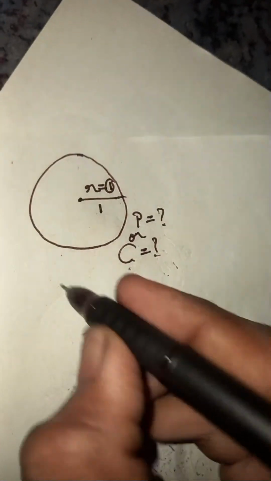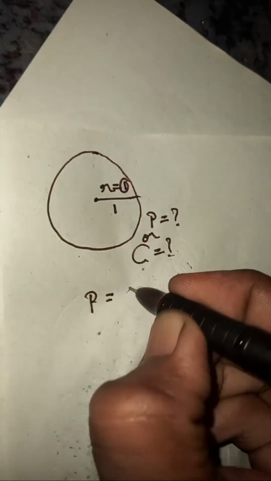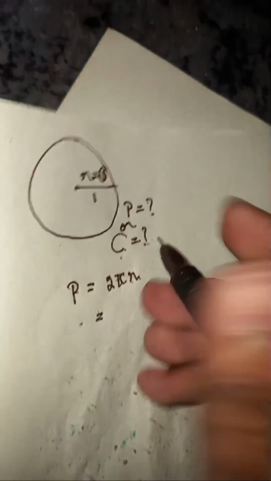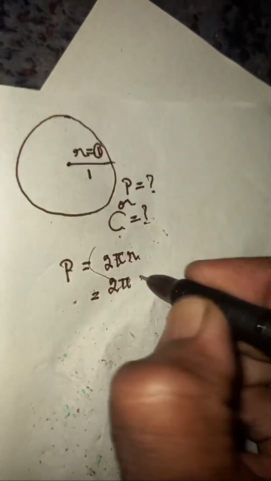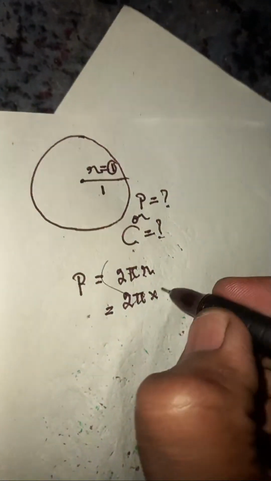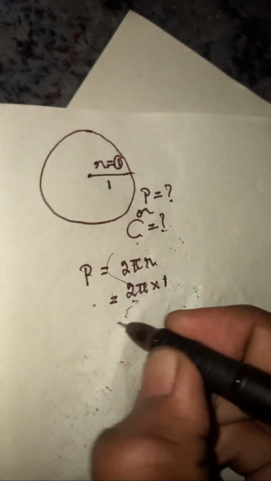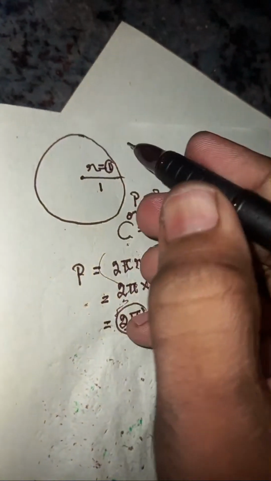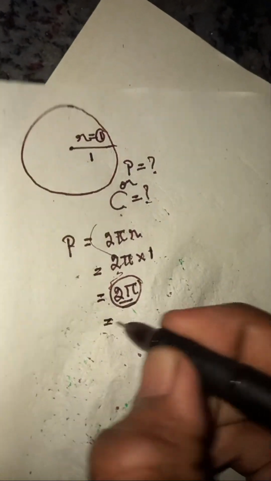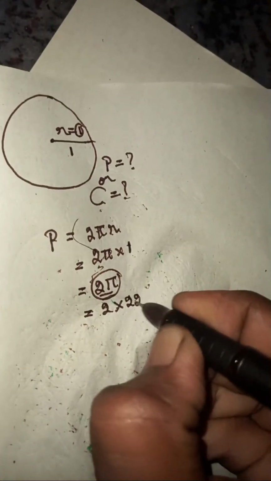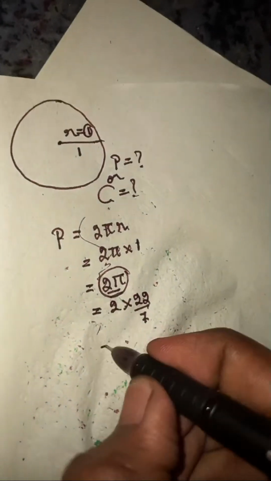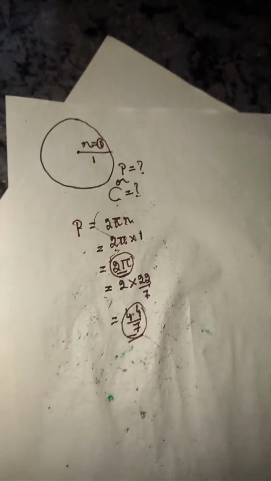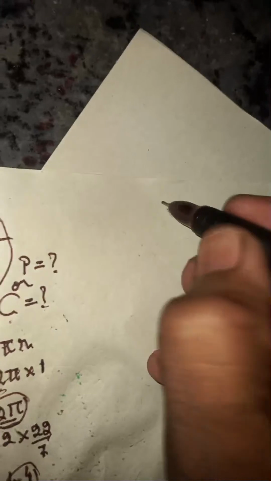You can write perimeter equal to 2 pi r. 2 pi r means here you can take 2 pi times of radius, which is 1 unit. 2 times of 1 is 2, so it is 2 pi units. Or you can take pi value, 2 times of 22 by 7. 2 times of 22 is 44, so 44 by 7 units.